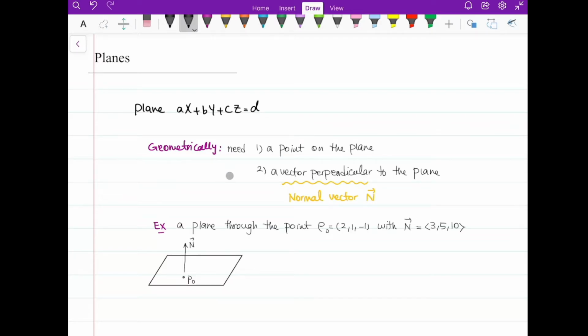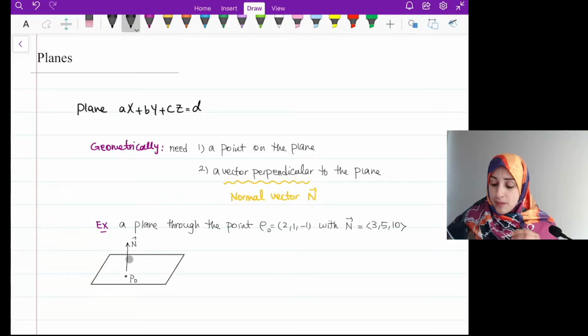This vector n is perpendicular to the plane, meaning that it's orthogonal to every vector on the plane.